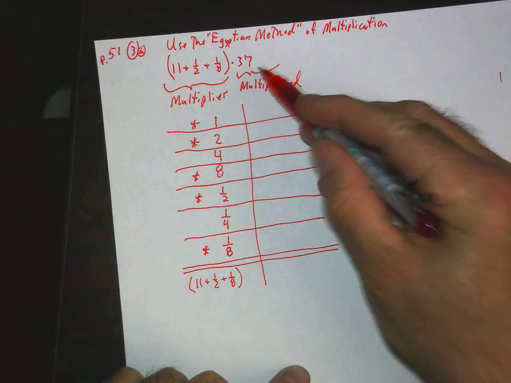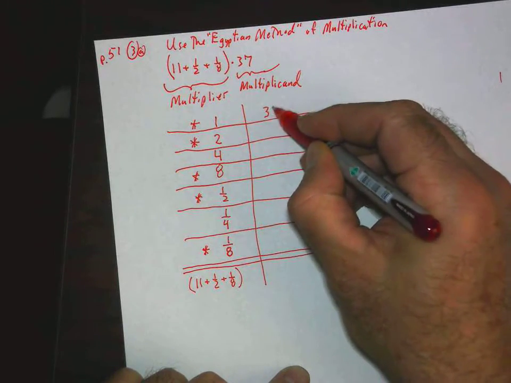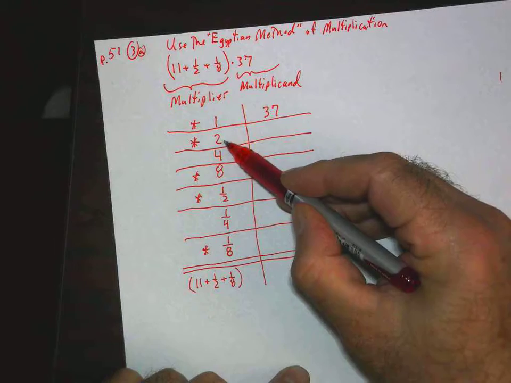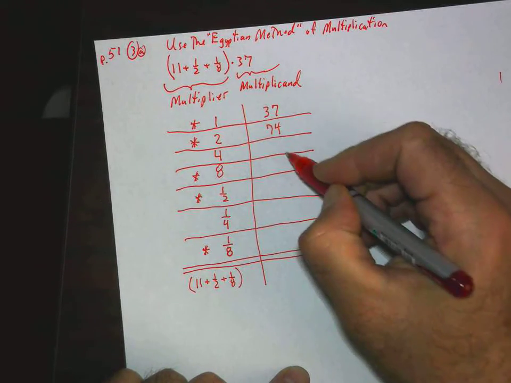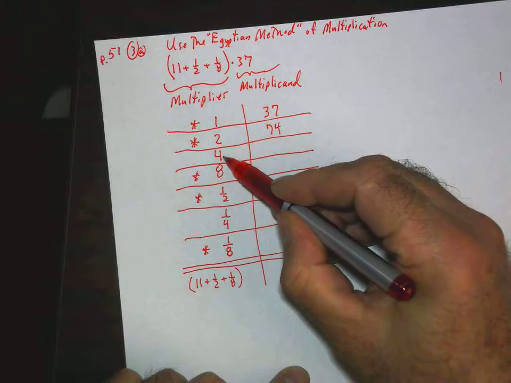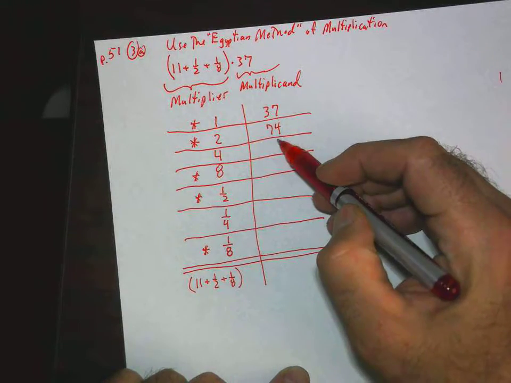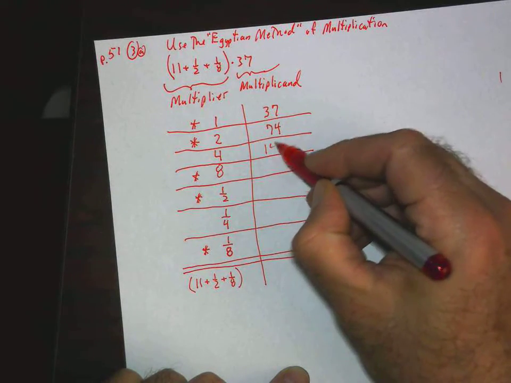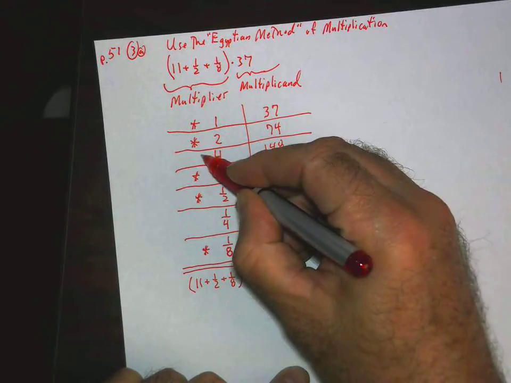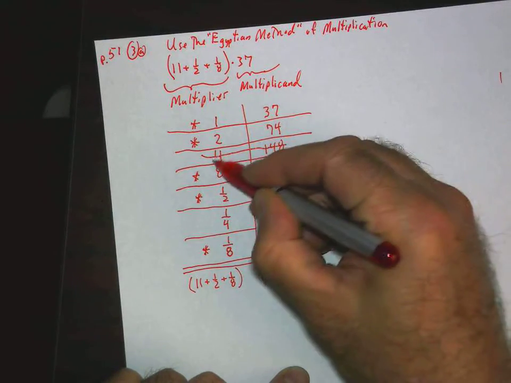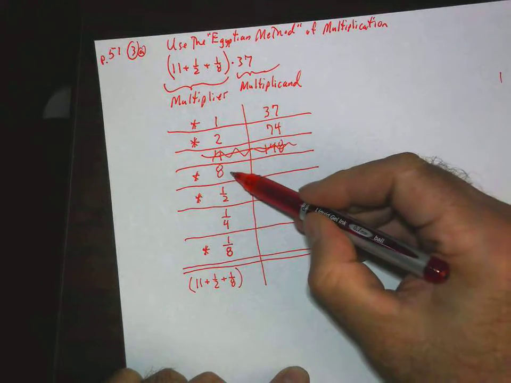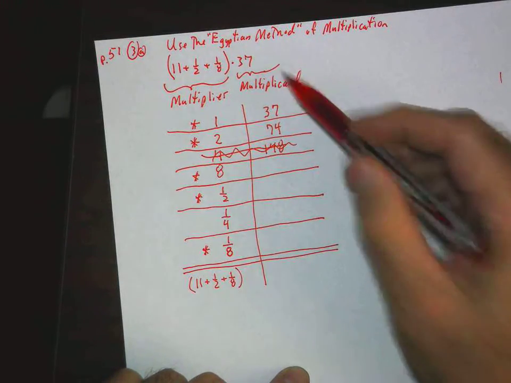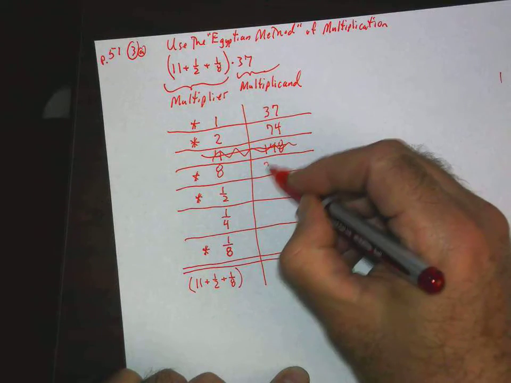So 1 times the multiplicand is 37. 2 times the multiplicand is 74. 4 times the multiplicand is 148, but we don't actually add that to the sum. 8 times our multiplicand is 296, I hope.